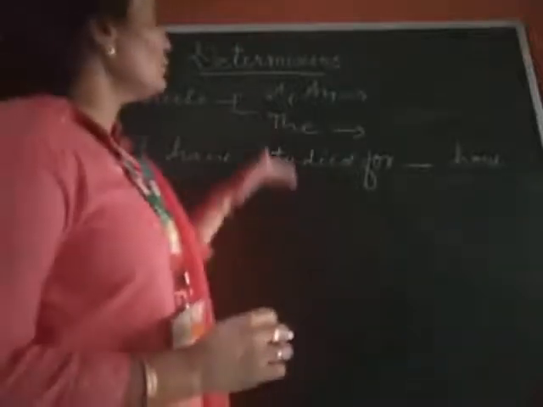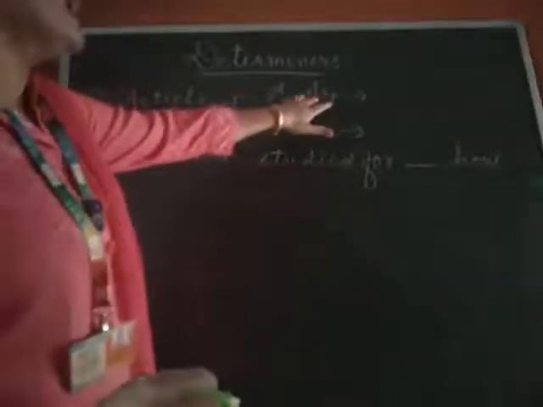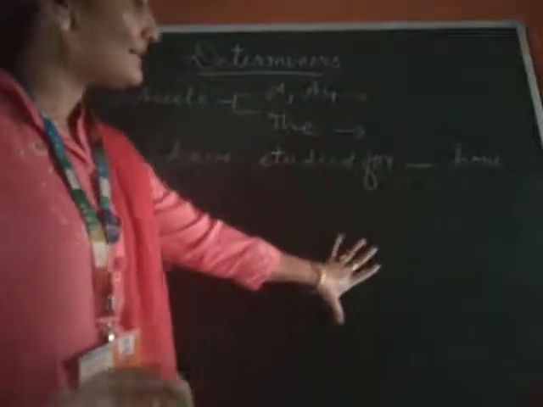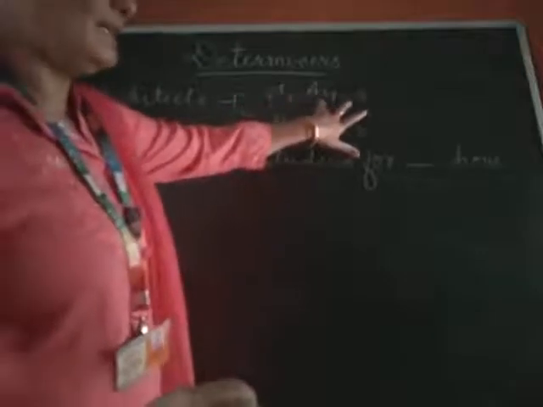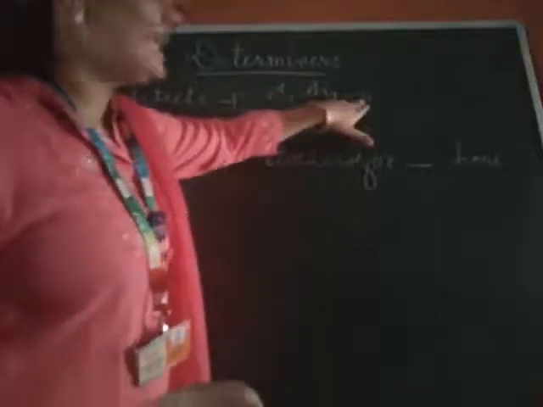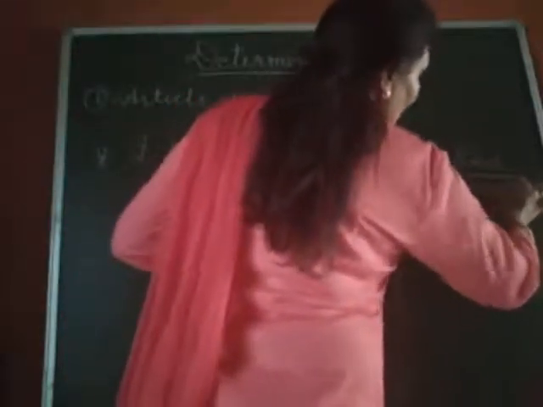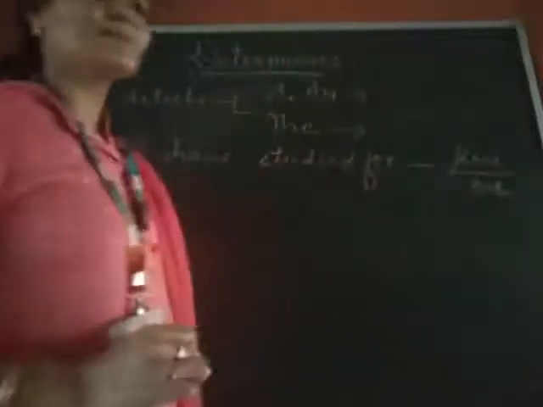Next, now we will discuss those words which start with a vowel but give a consonant sound, and some words which start with a consonant but the sound is silent. Look at the example here. For example, I have studied for dash hour.